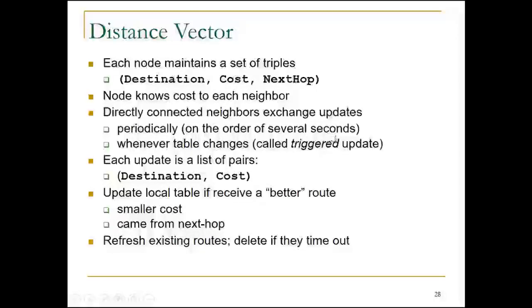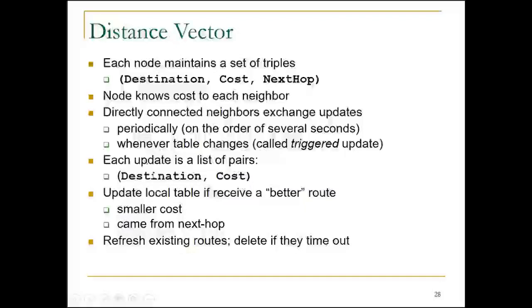Directly connected neighbors exchange updates periodically, on the order of several seconds, and whenever the table changes. So when there are minor changes or link issues, updates are sent across to the neighbor nodes so they can update their routing tables.